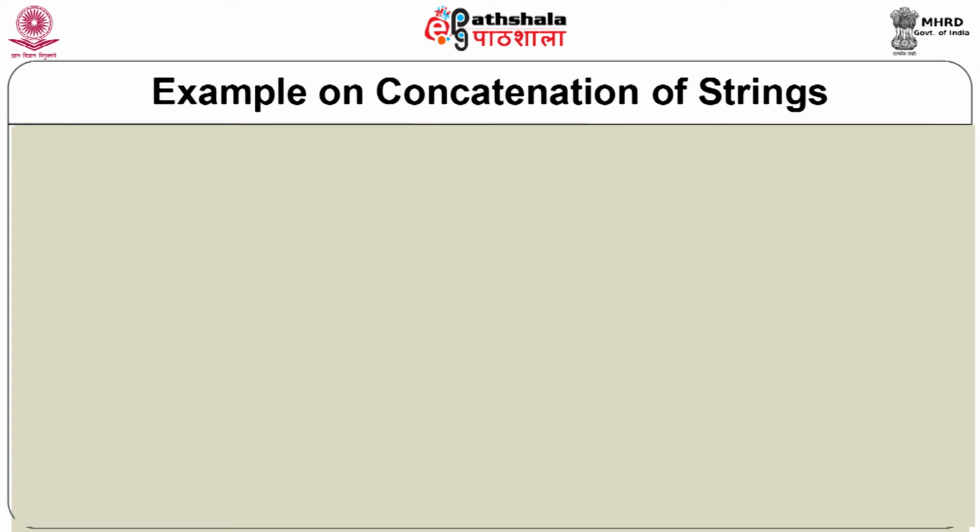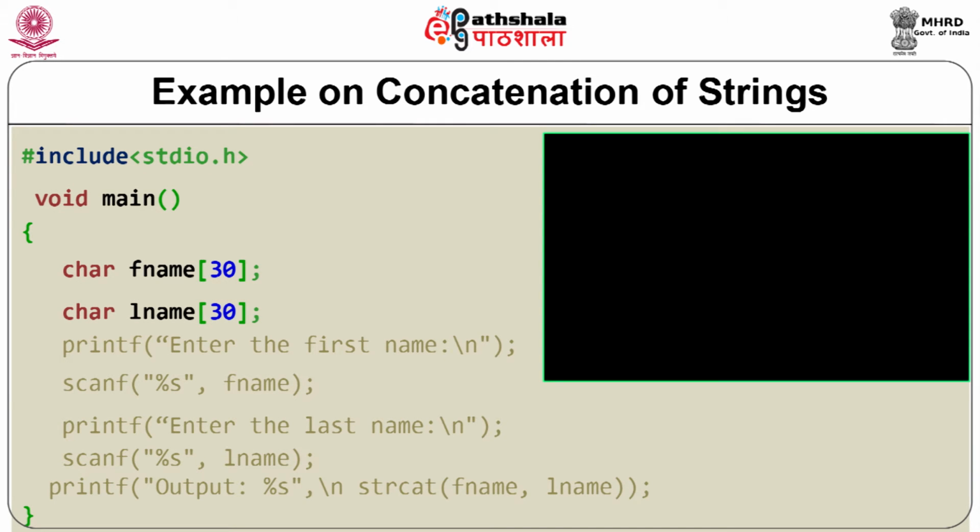Now here I have one more example of linking of strings. You can see a similar example. Printf, enter the first name. So I am entering the first name through a scanf statement, that is %s comma fname. %s stands for string and fname is the variable name for the string. So I am entering a string like Ferguson.